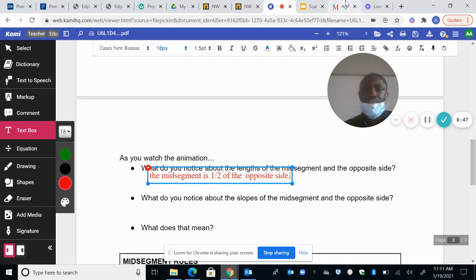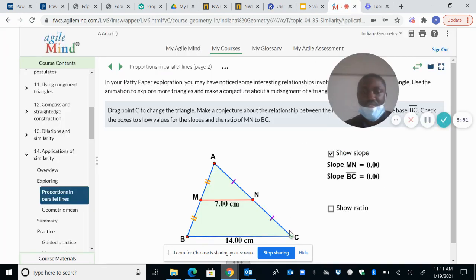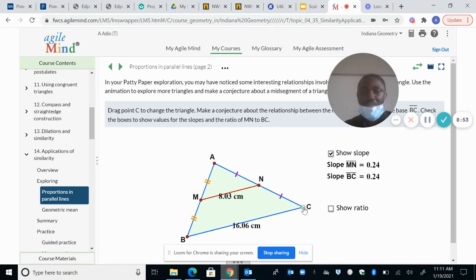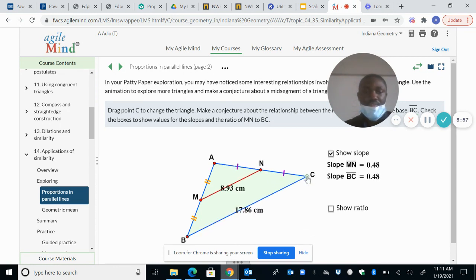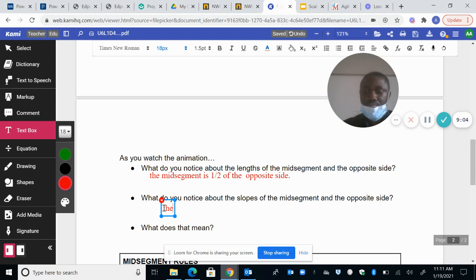And what do you notice about the slope? If I click on slope here, the slope is 0.4, 0.2, 0.48, and as I move it, the slopes are the same, or equal. So what happens with equal slopes?